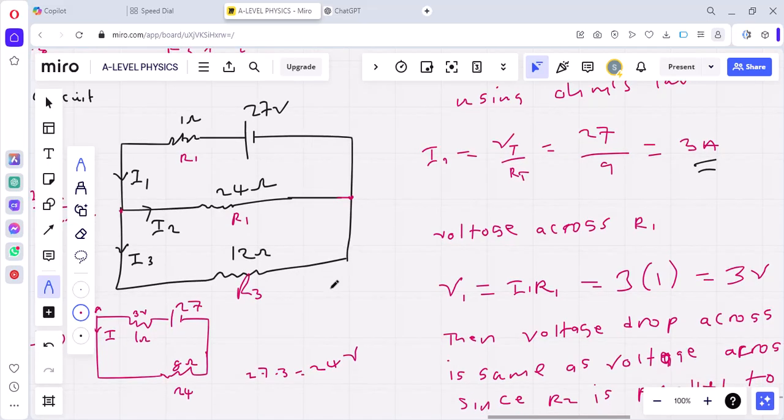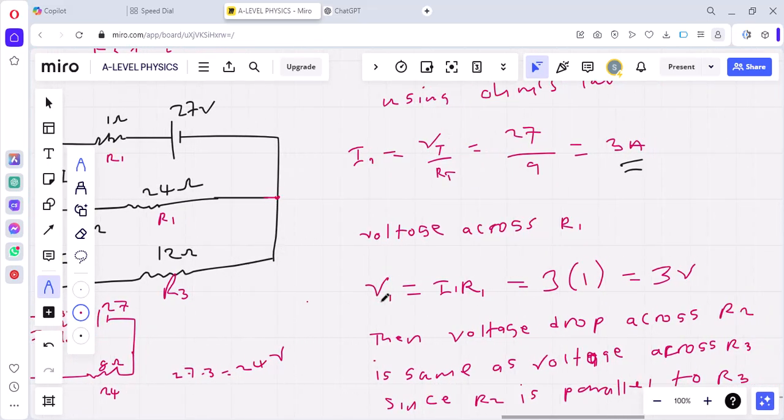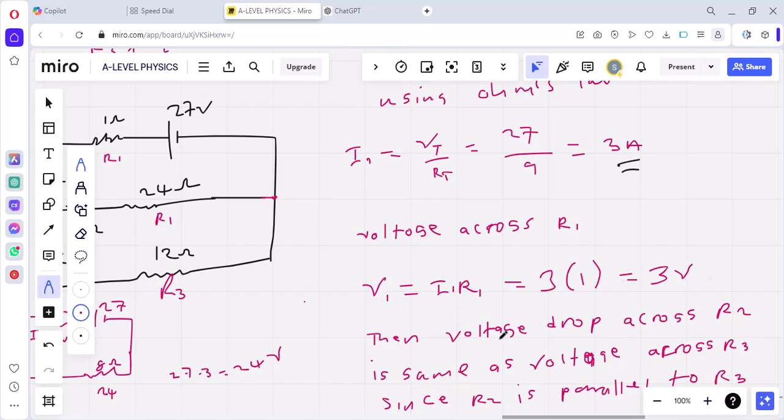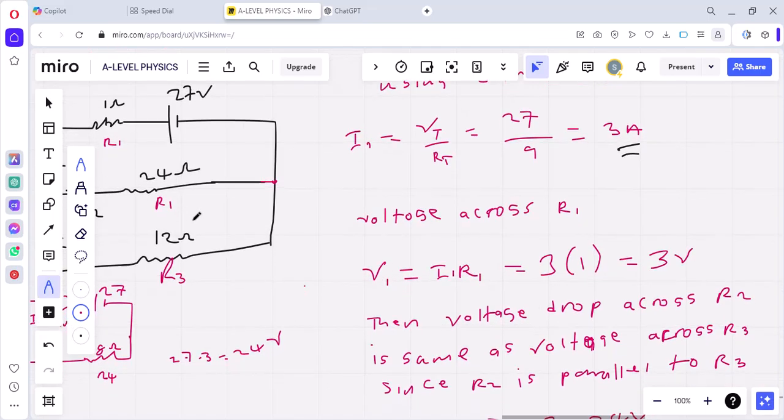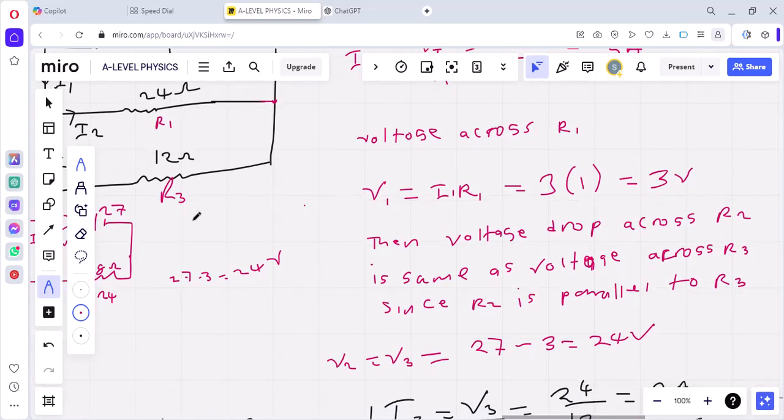So if this is the voltage drop across the combination, then since R2 and R3 are in parallel, we'll have the potential difference of 24 volts across each.